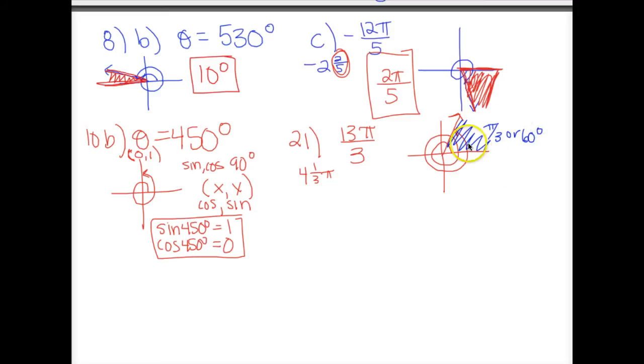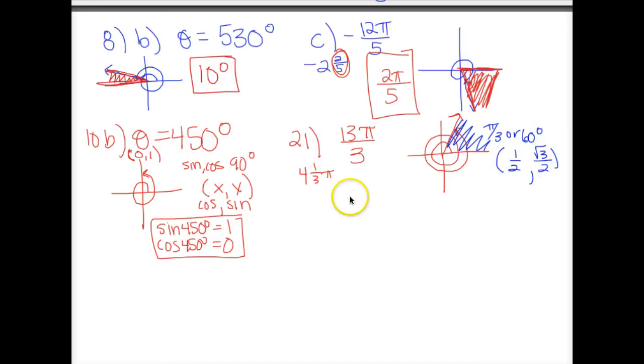I am in quadrant 1, so I am going to use the sine and cosine values of quadrant 1. So in quadrant 1, looking at 60 degrees on your unit circle, its cosine is 1/2 and its sine is radical 3 over 2.